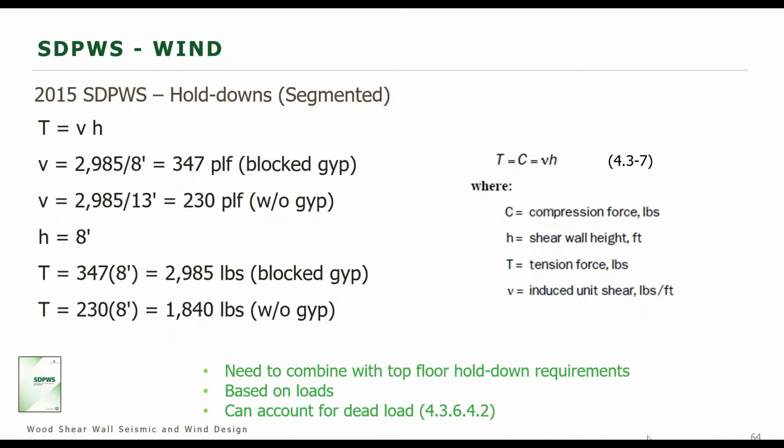There's also language in SPDWS to account for dead load offset. If you do want to use that, that's allowed. We neglected it in this example. And again, you'd need to combine it with the top floor hold down requirements from the second floor.